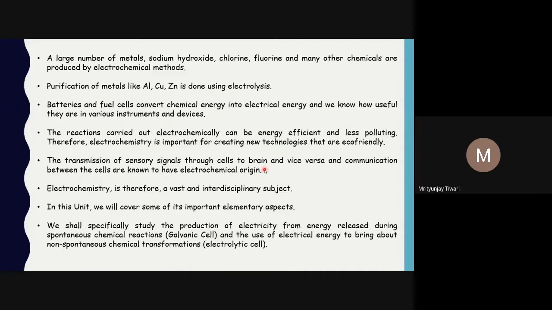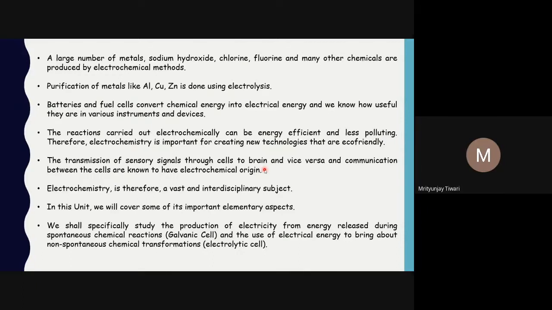Even inside our stomach, we get acid reflux, and because of electrochemical signals, that acid reflux happens. We have ion channels, and those ion channels also work on electrochemical principles. Without ion channels, it is impossible for us to survive.